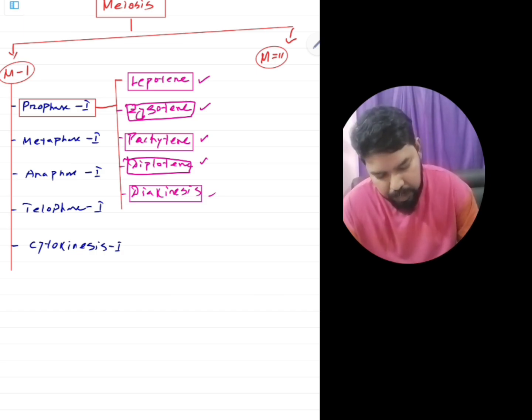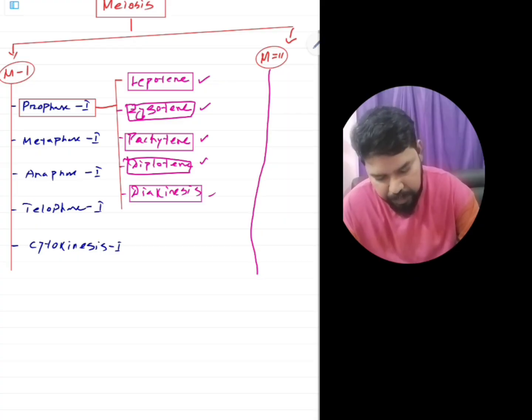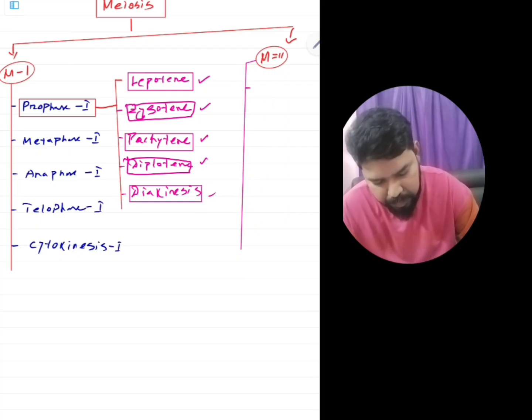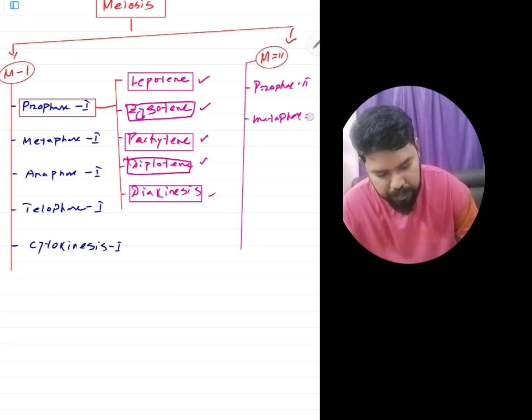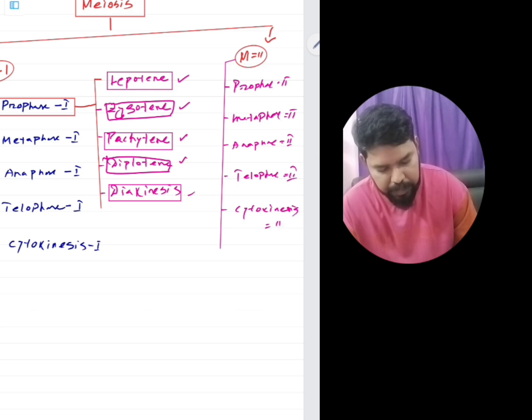Now in case of meiosis 2, this is very simple. Let me take another place. In meiosis 2 you will see prophase 2, metaphase 2, anaphase 2, telophase 2, and cytokinesis 2.